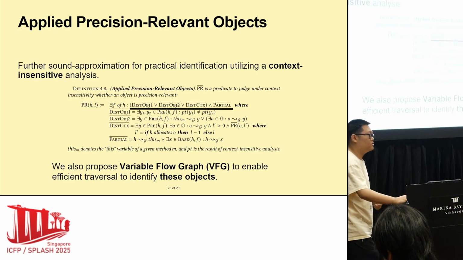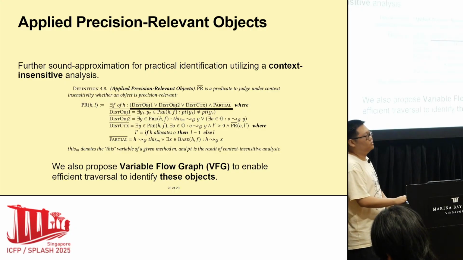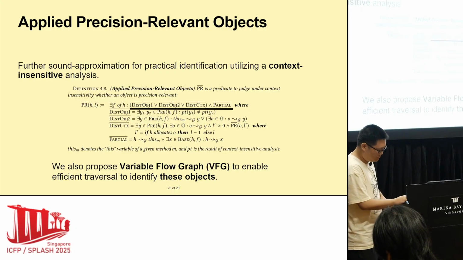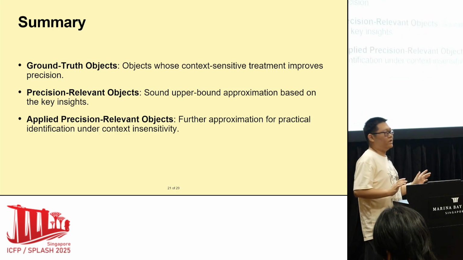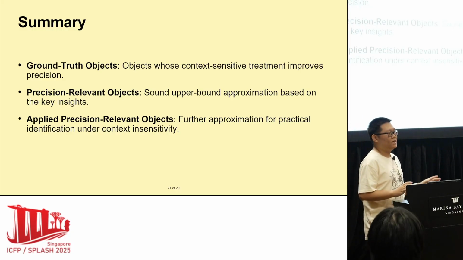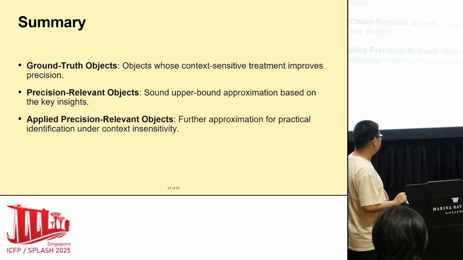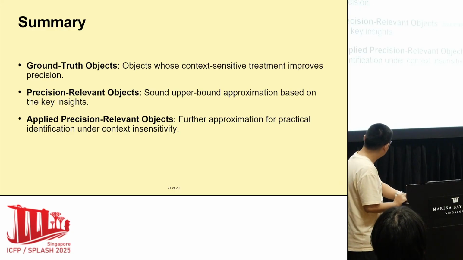We also propose a variable flow graph to enable efficient traversal to identify these objects. So in summary, we propose three key kinds of objects to deliver both a theoretical foundation and a practical method for applying selective context sensitivity on heap objects.